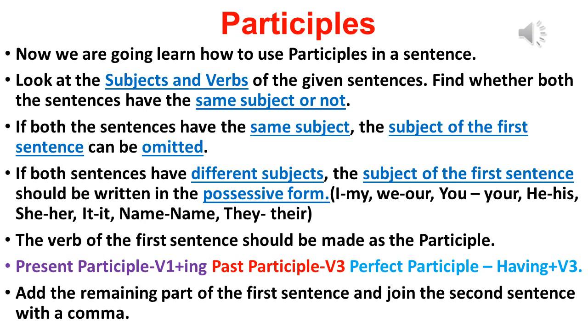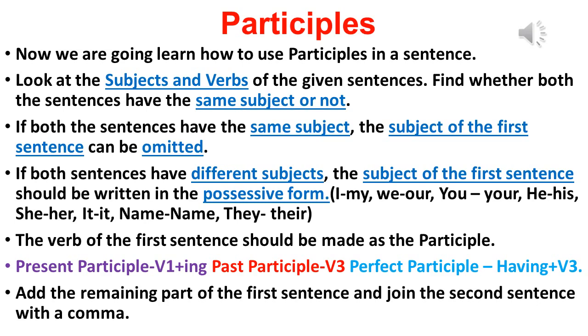Next, the verb of the first sentence should be made into the participle. For example, if we are asked to write it as present participle, the ing form can be added and the rest rewritten as it is.